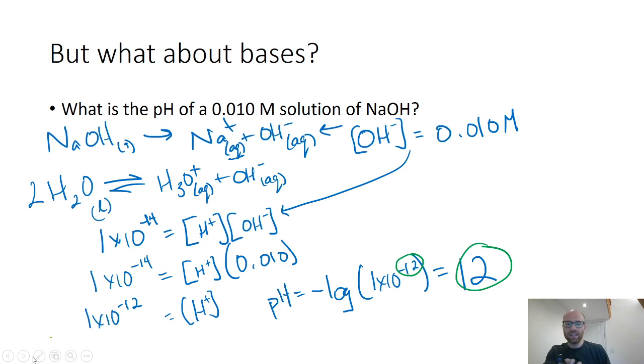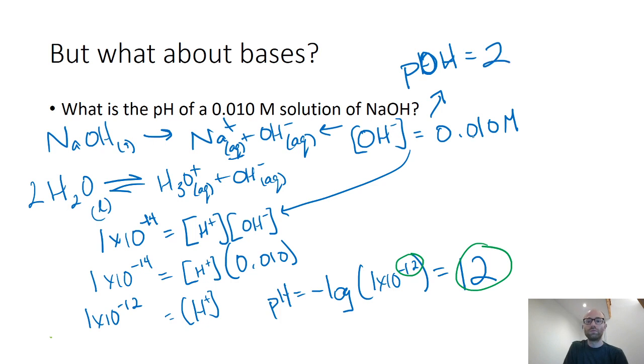If the hydroxide ion concentration is 0.01 molar, you could convert this to a pOH of 2. And if pOH is 2, and pH plus pOH is always 14, then you can get to your 12 that way as well.